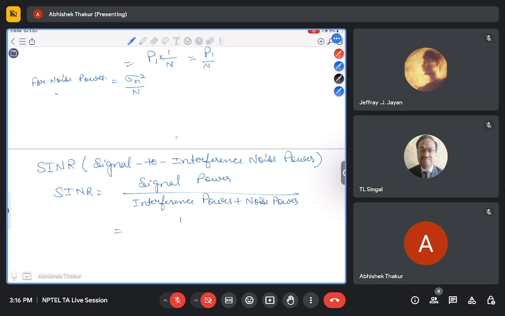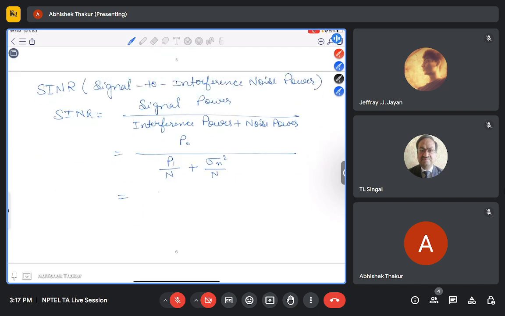So we will get P naught, the signal power, and the interference power is P1 by n, plus the noise power sigma n squared by n. We will get P naught into n divided by P1 plus sigma n square.